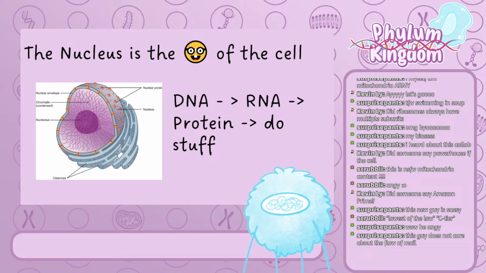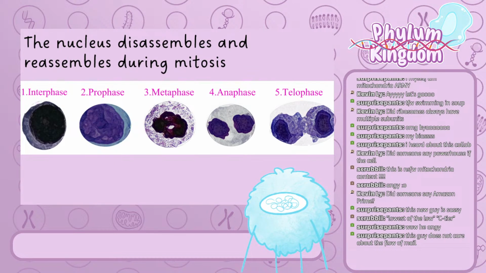But there's one thing about the nucleus that overlaps with the intermediate filament stuff that I talked about before, and that is the way that it solves a biological problem. The thing I want to talk about is nuclear reassembly. Hands up in chat if you recognize this pretty picture. This is mitosis.